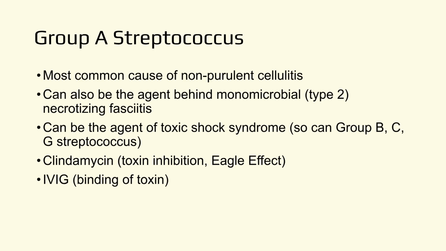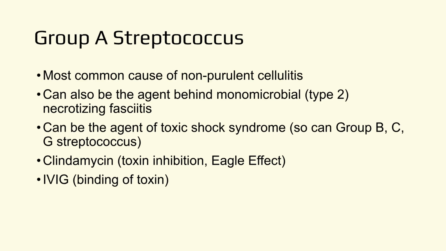You'll also remember from your medical school lectures that you may be using clindamycin as well as IVIG. The reason behind the clindamycin is firstly, it's a ribosomal antibiotic. The toxin is a protein, and so there's an inhibition effect for the toxin. But what some scientists believe is actually more of the benefit is something called the Eagle effect. So when bacteria get very, very dense, they start inhibiting each other in reproduction.